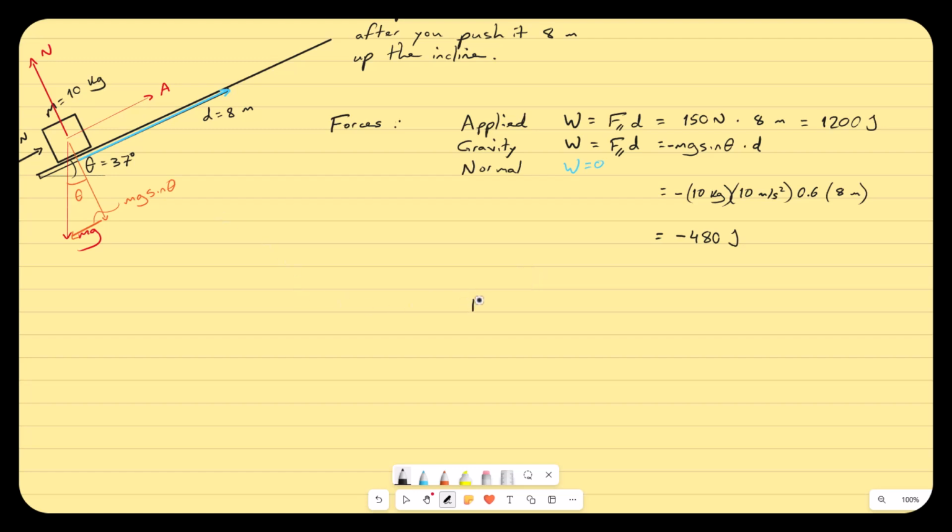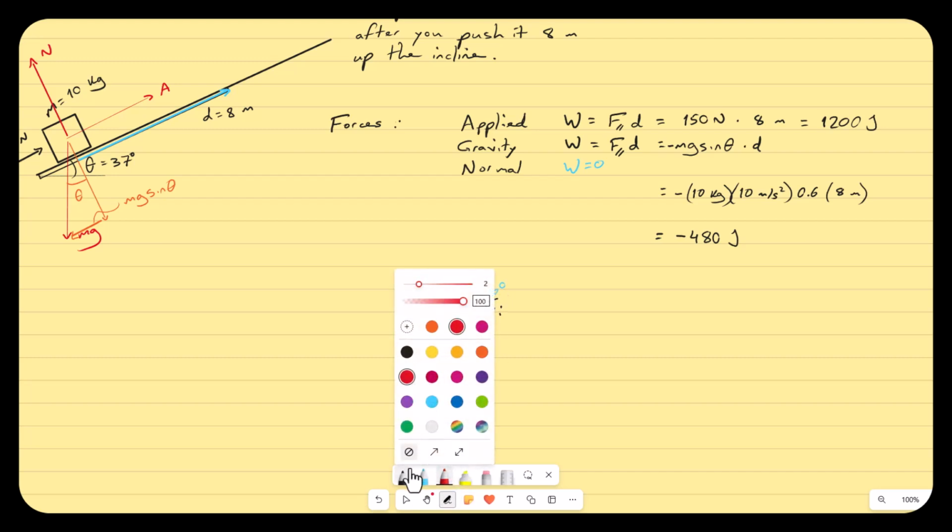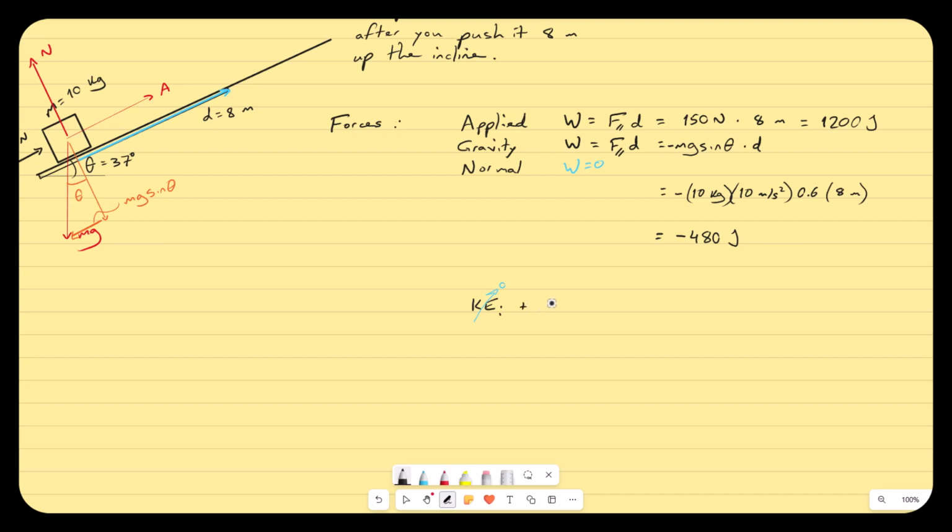So, I have my initial kinetic energy, which was 0, I started from rest, plus my total work equals my final kinetic energy. My total work is 1,200 joules minus 480 joules, and that equals half m v final squared.